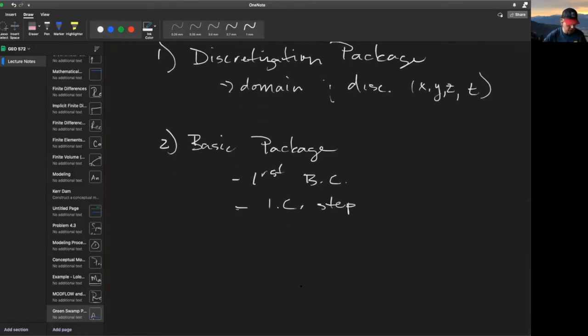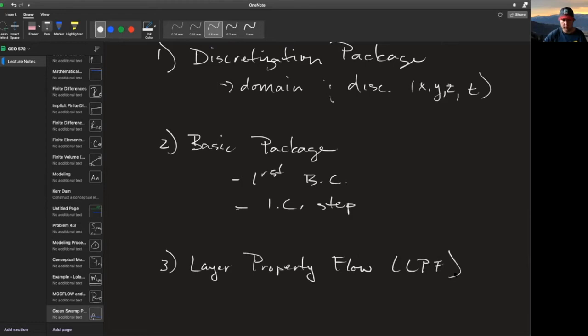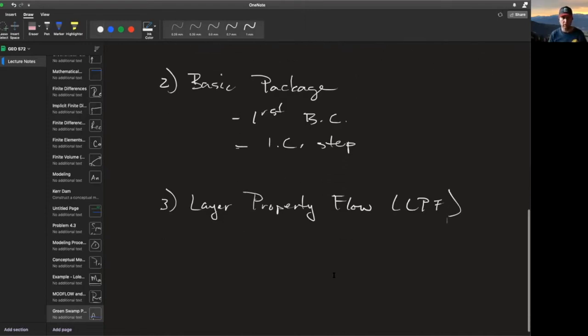All right, so the next package we're going to use is the layer property flow, LPF. And really what the LPF does is say, okay, MODFLOW, we're going to think of the world as a series of layers of thin aquifers and confining units. And we're going to define properties for each layer.